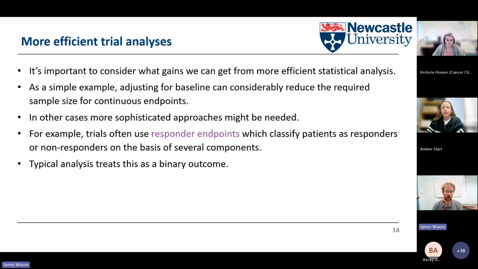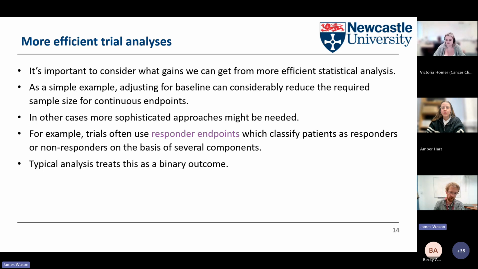And then typically that is just analysed as a binary outcome, which, especially if some of the components are continuous information, is losing a lot of information, and therefore it's making the trial bigger than it needs to be if we use the more efficient analysis approach.